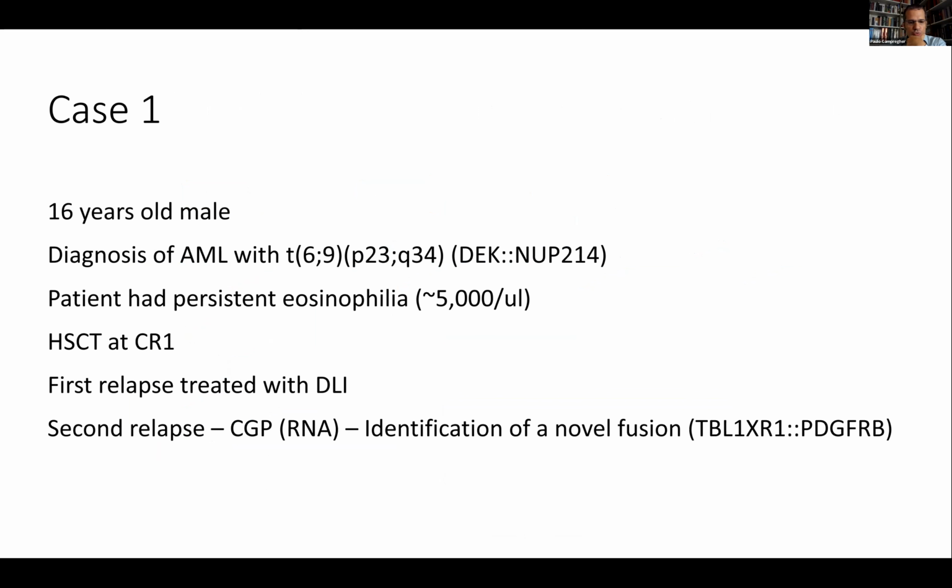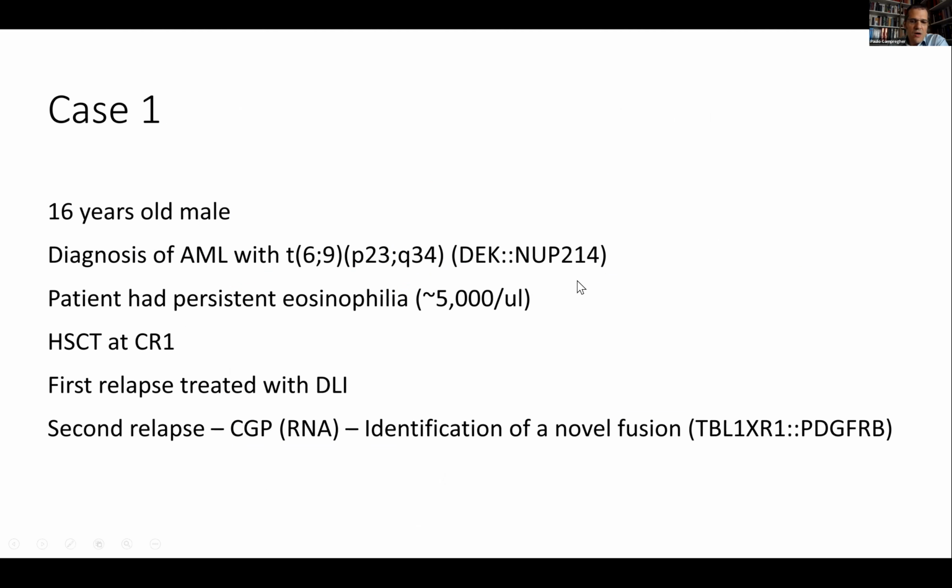And now I'm going to show just 3 examples of how we can use this assay. This is a novel fusion, the other one is not a novel fusion. So case 1 is a 16-year-old male, a patient that had a diagnosis of acute myeloid leukemia with translocation 6;9, DEK-NUP214.